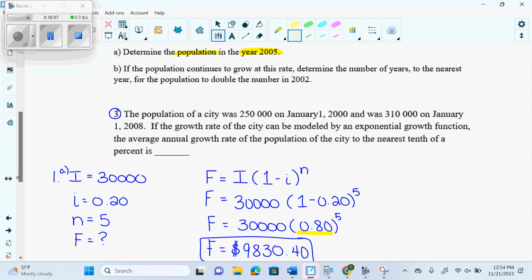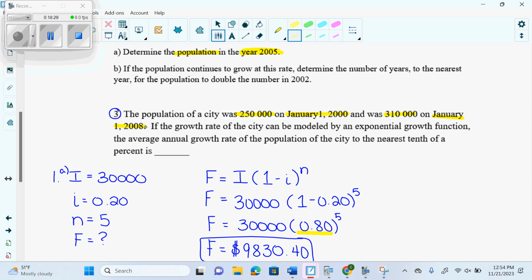Then we have 3. It says if the population of the city was 250,000 on January 1st, 2000, and 310,000 on January 1st, 2008, how many years is that? Which is the initial? 250,000. What's the final? 310,000.